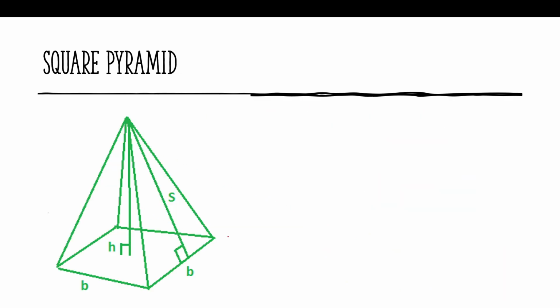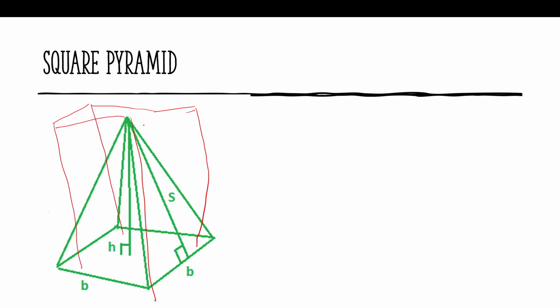So, square pyramid. So, sa square pyramid, i-relate na naman natin kay rectangular prism. So, magdodrawing tayo ng isa pang rectangular prism dito sa ating figure.